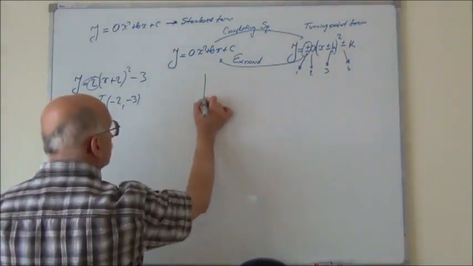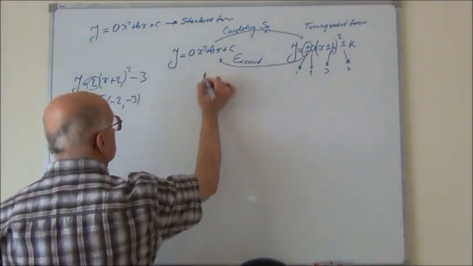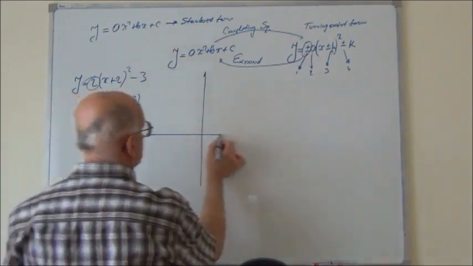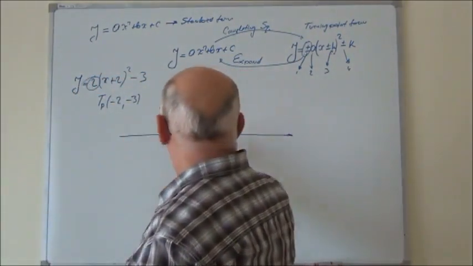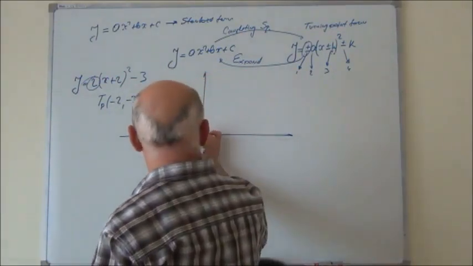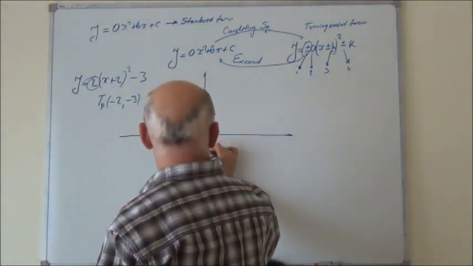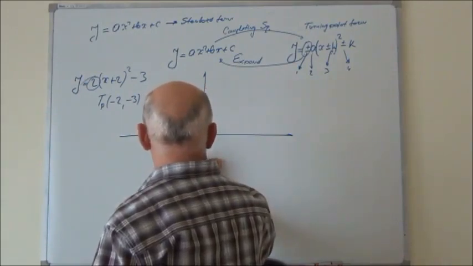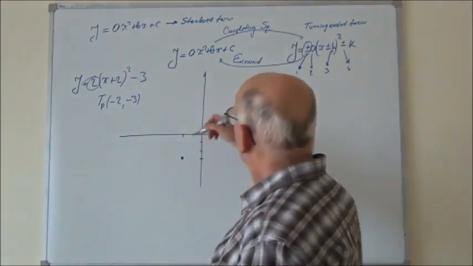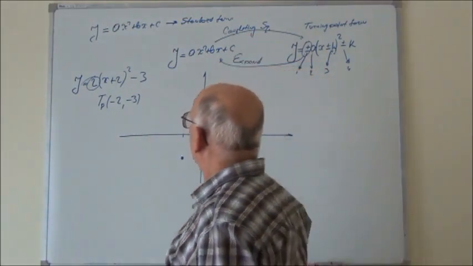So, sketching: -2, 1, -2, -3, 1, 2, -3, and the turning point is somewhere here, and the parabola goes on that way.